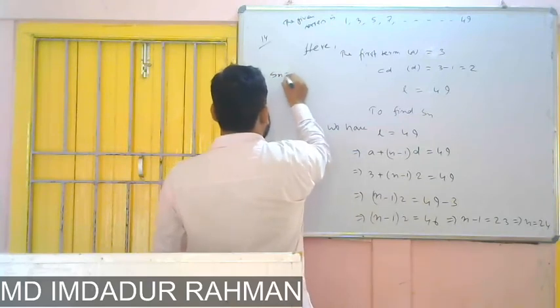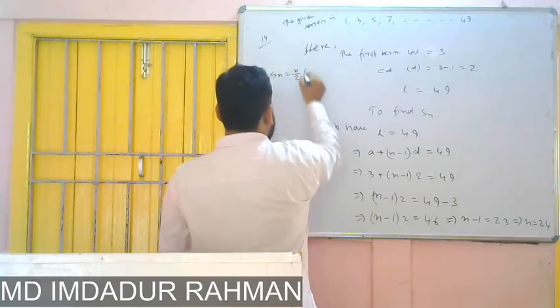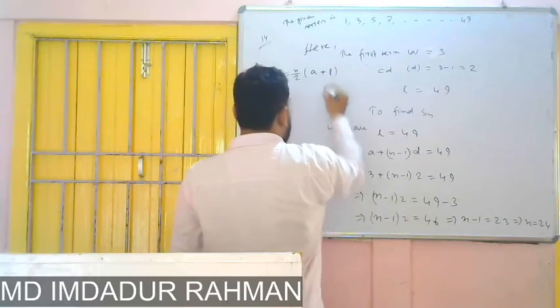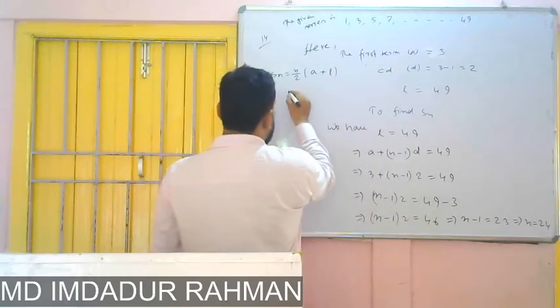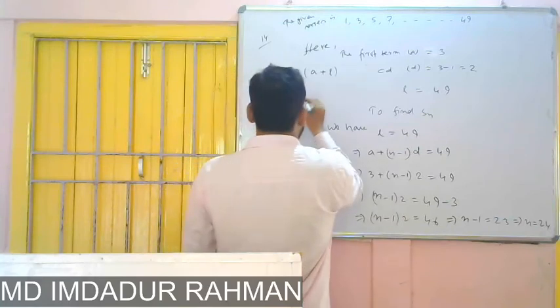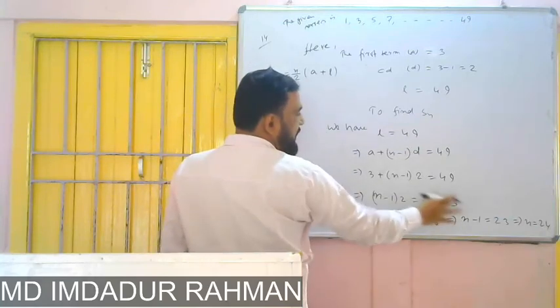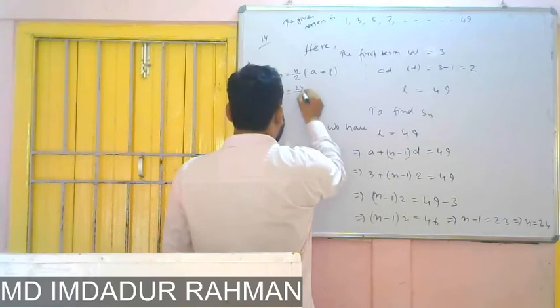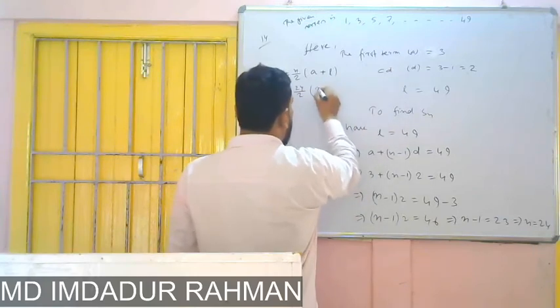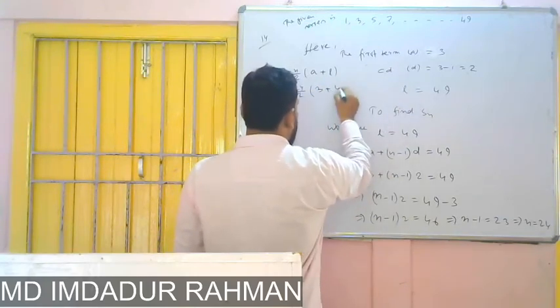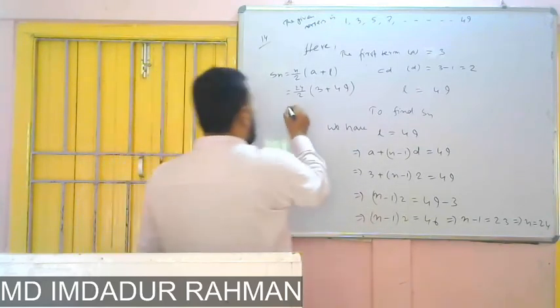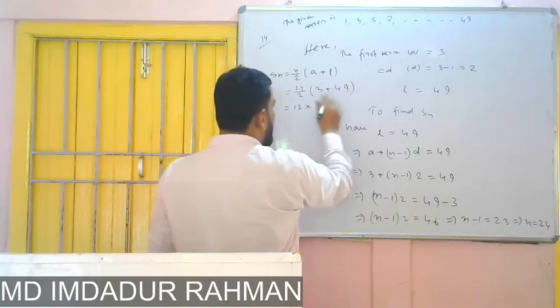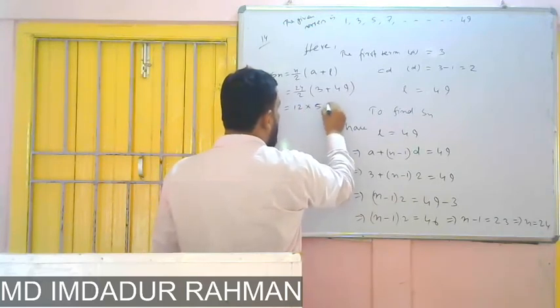Sn is equal to n by 2 into a plus L. Because we have the value of L, we can put this in easily. What is the value of n? N is 24 by 2 into a, where a is 3, plus L, which is 49. Now 24 by 2 is 12 into 52.